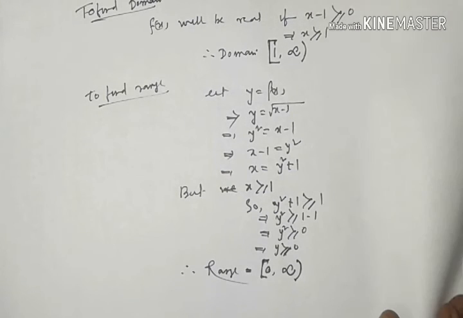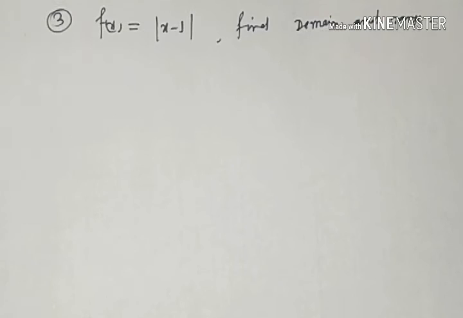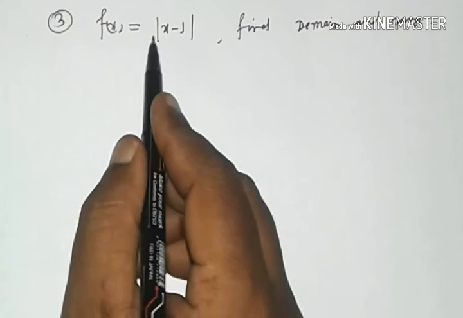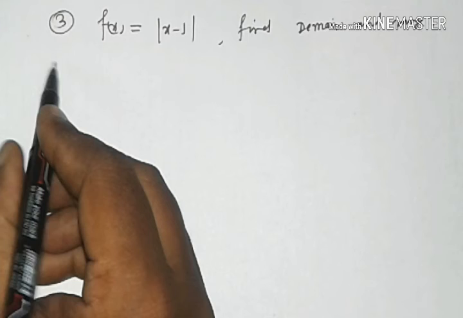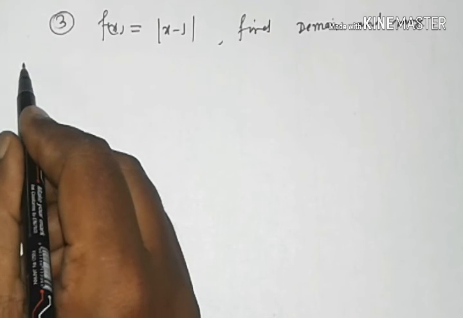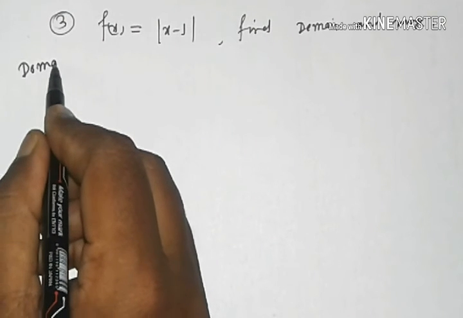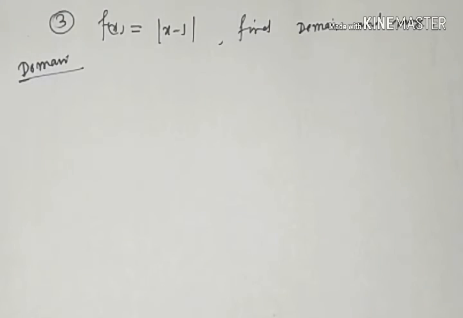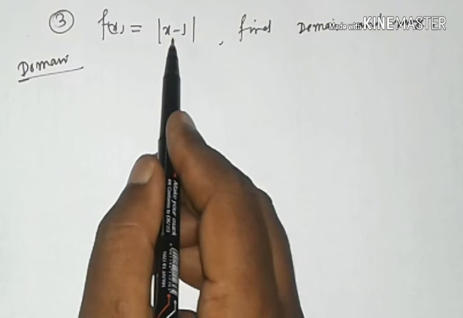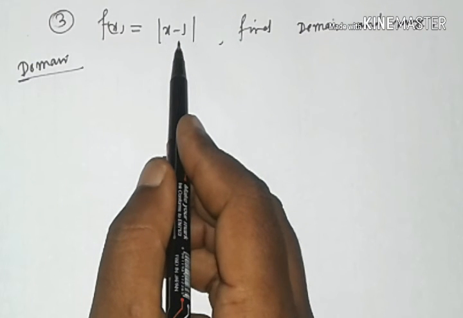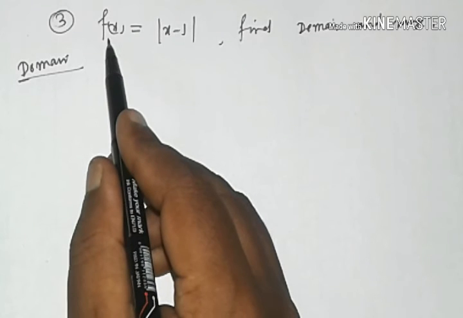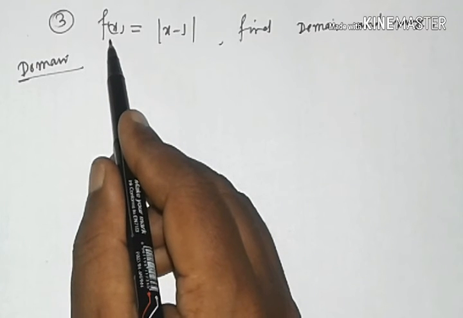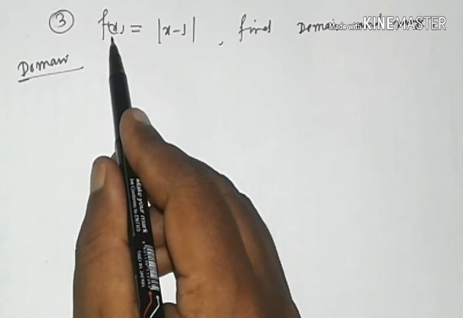Now I discuss the third problem, which is also most important from the examination point of view. Here f(x) = |x - 1|. Find domain and range. At first, domain. For every value of x there will be a value of f(x).